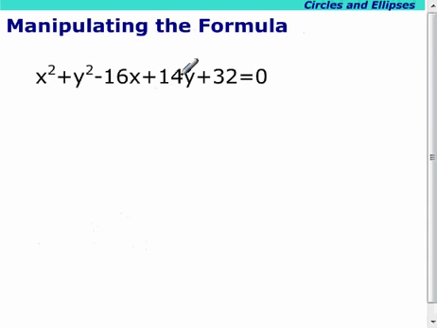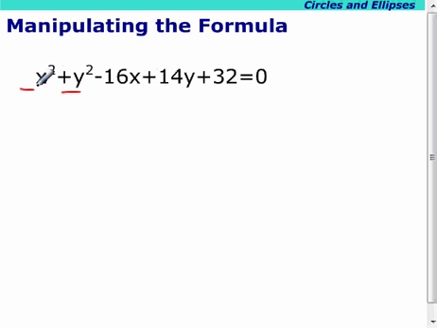First off, here's an equation of a circle. I recognize it as a circle because the coefficients of x squared and y squared are identical. They're both positive 1. We'll see with ellipses that they'll both be positive, but the numbers will be different. Therefore, you'll have an ellipse. But in this case, they're both the same sign, same number. This is a circle.